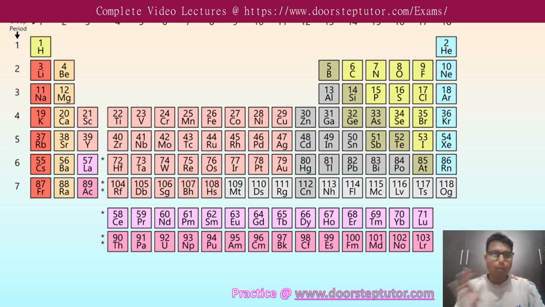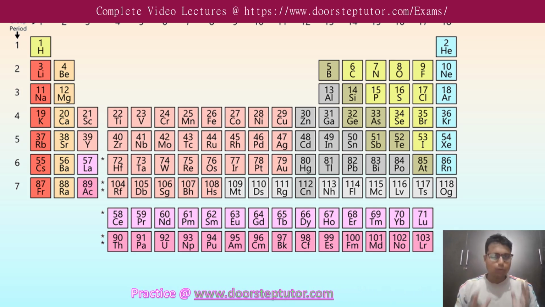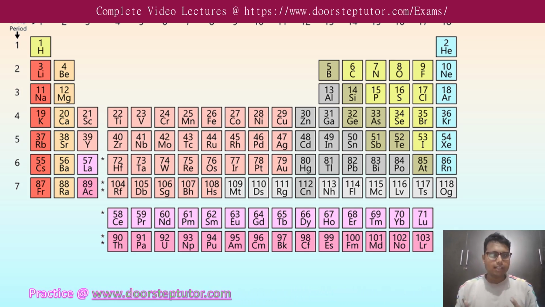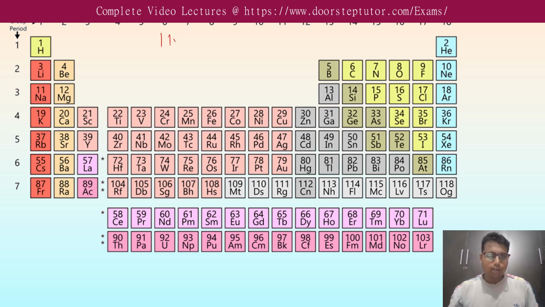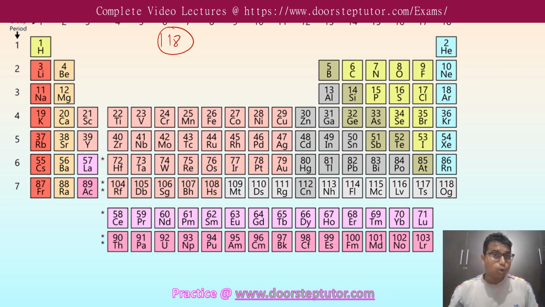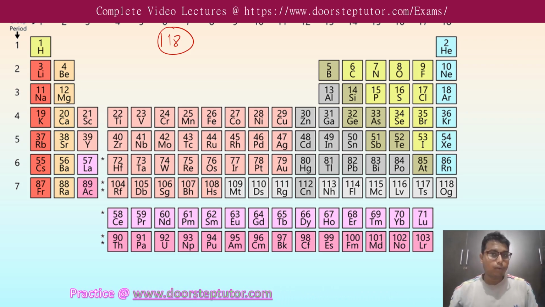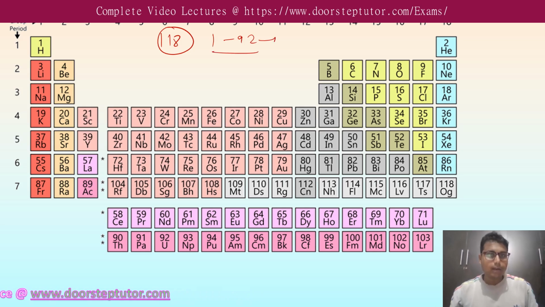So whenever we talk about the elements, first of all, what is an element? The elements are those substances which have the same type of atoms, that is known as the element. So whenever we talk about the elements in the periodic table, there are 118 elements, and out of those 118 elements, from 1 to 92 are naturally occurring elements.